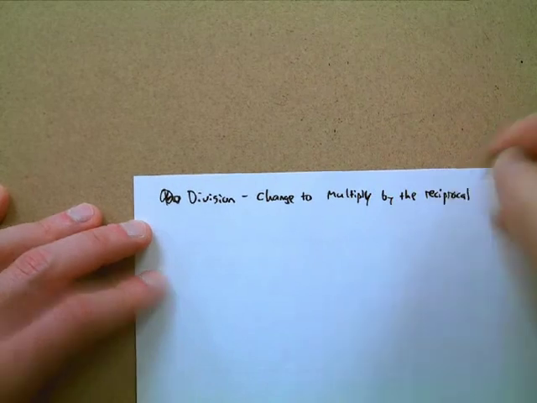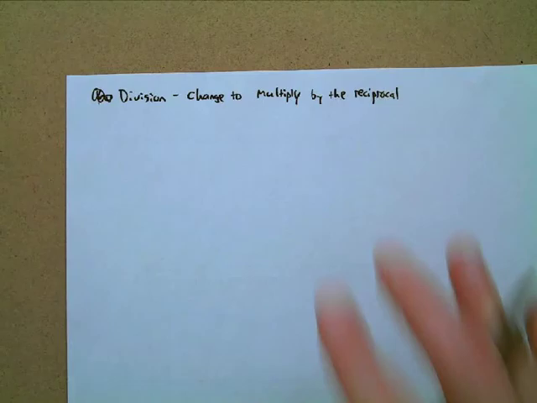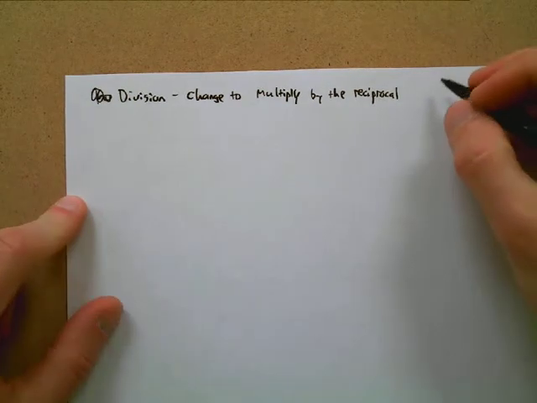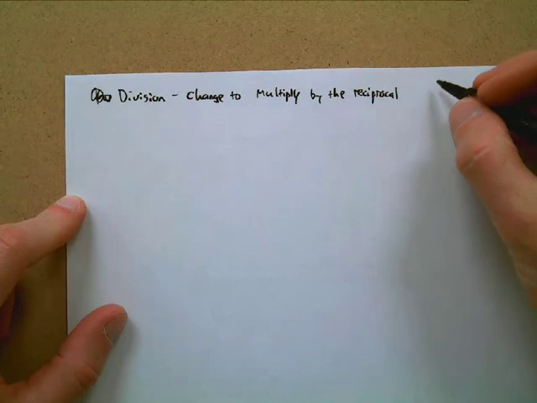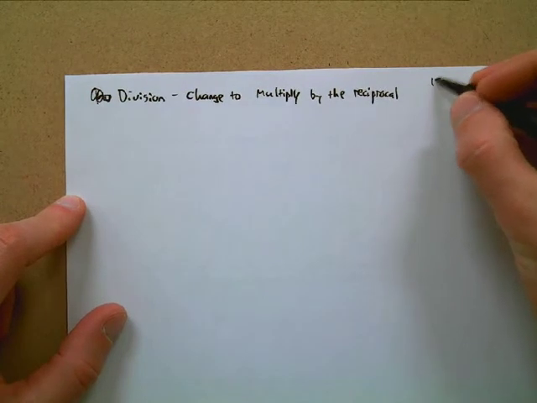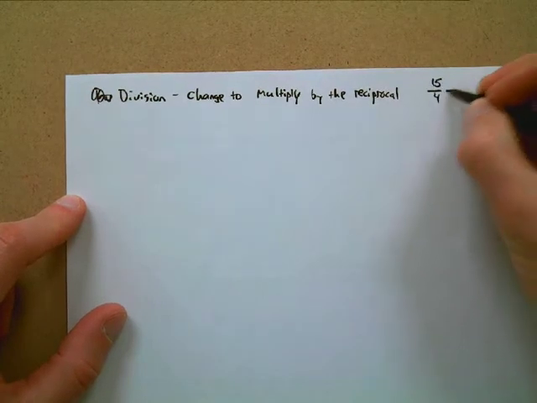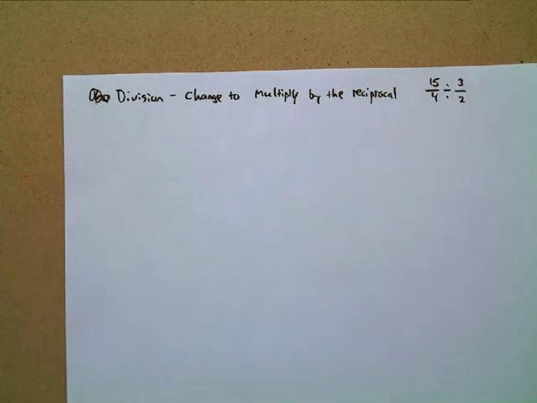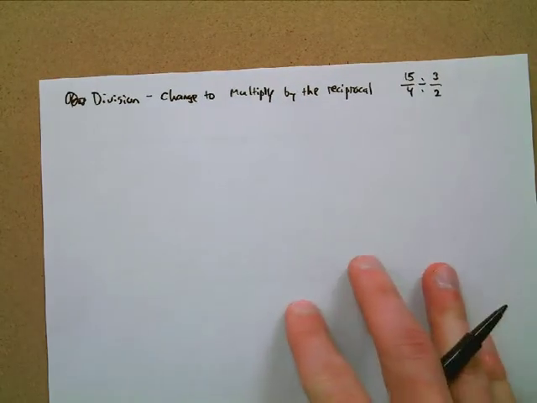We don't do division. Really, we don't. You can kind of divide fractions if you want to. For example, if you have 15 fourths and you want to divide that by 3 halves, you can divide fractions.